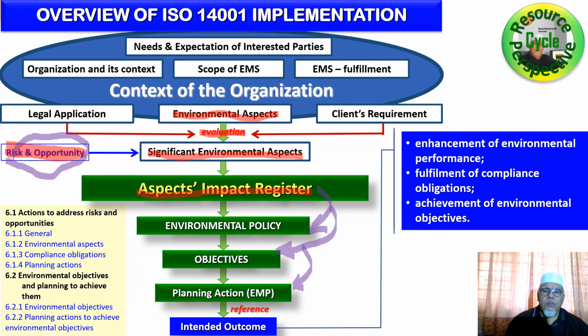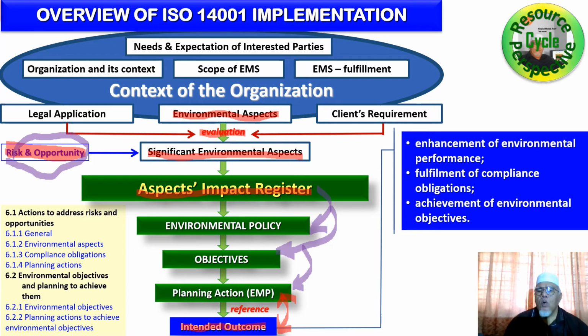And most importantly, we have to really know the company's intended outcome. Please check. Do the planning actions and the environmental objective that you have set match your intended outcome?